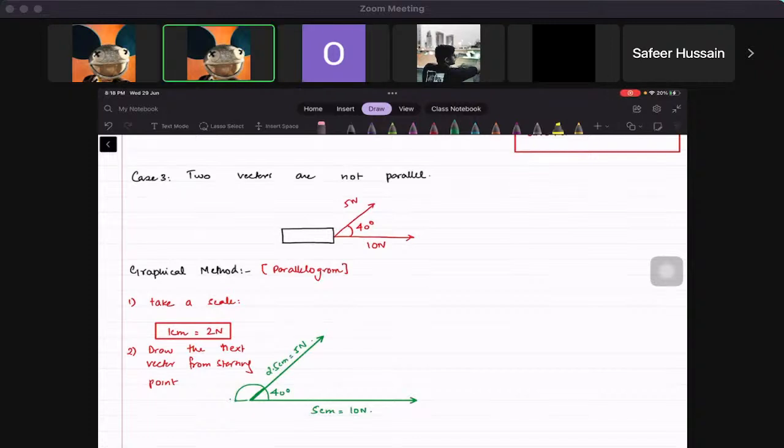Now, whatever method you've learned in O levels, you use the same method. You make parallel lines. To make parallel lines, you can use a compass, but I don't really like the compass because it's too complicated sometimes to adjust. So I put the protractor again and measure 40 degrees again, because I want to make a parallel line to this.